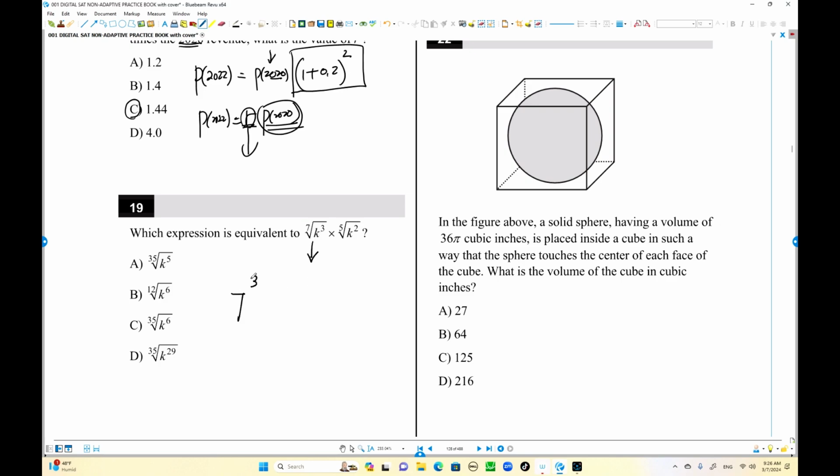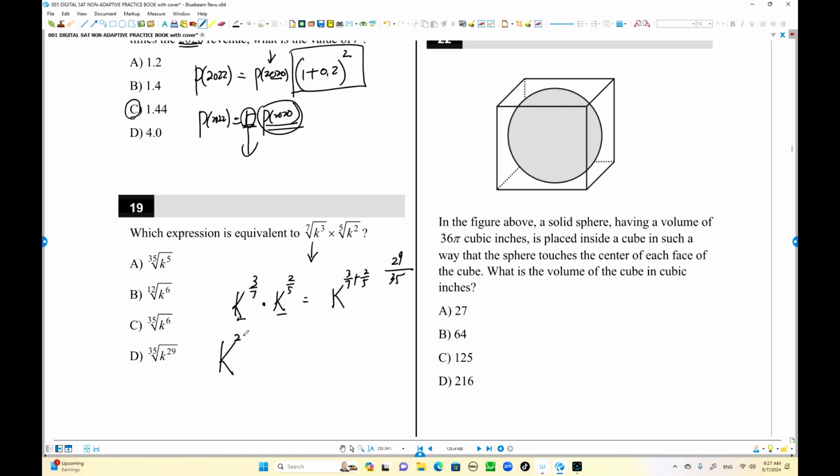K to the 3 over 7, times the next one, K to the 2 over 5. With the same base K, the exponents will be added. 3 over 7 plus 2 over 5. How much is this? 15 plus 14, 29 over 35.